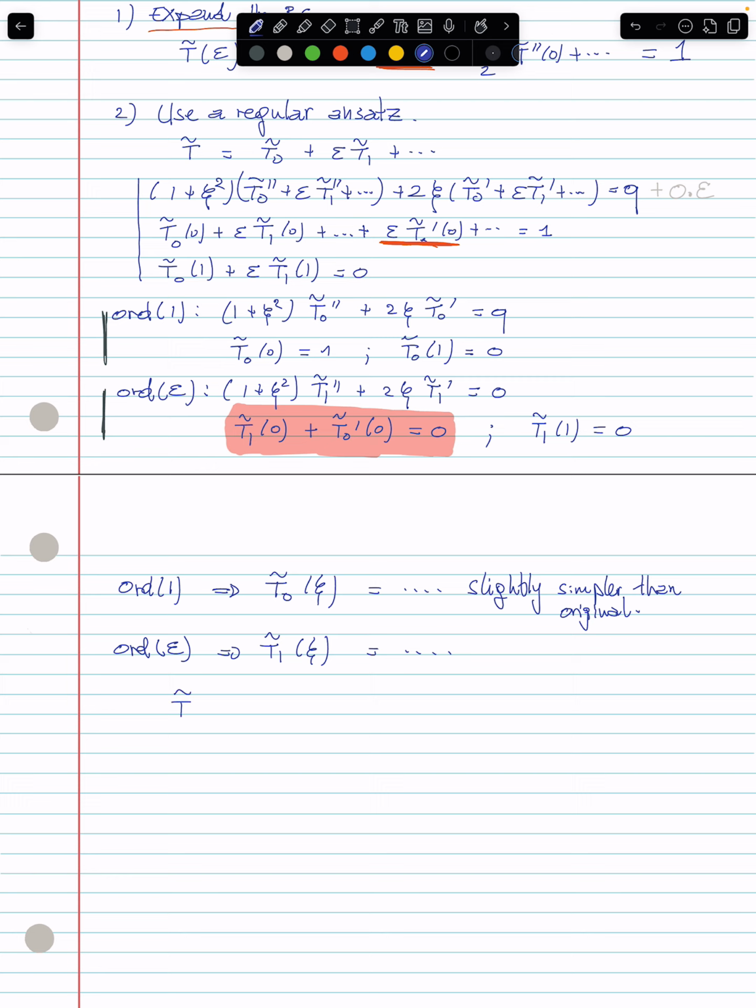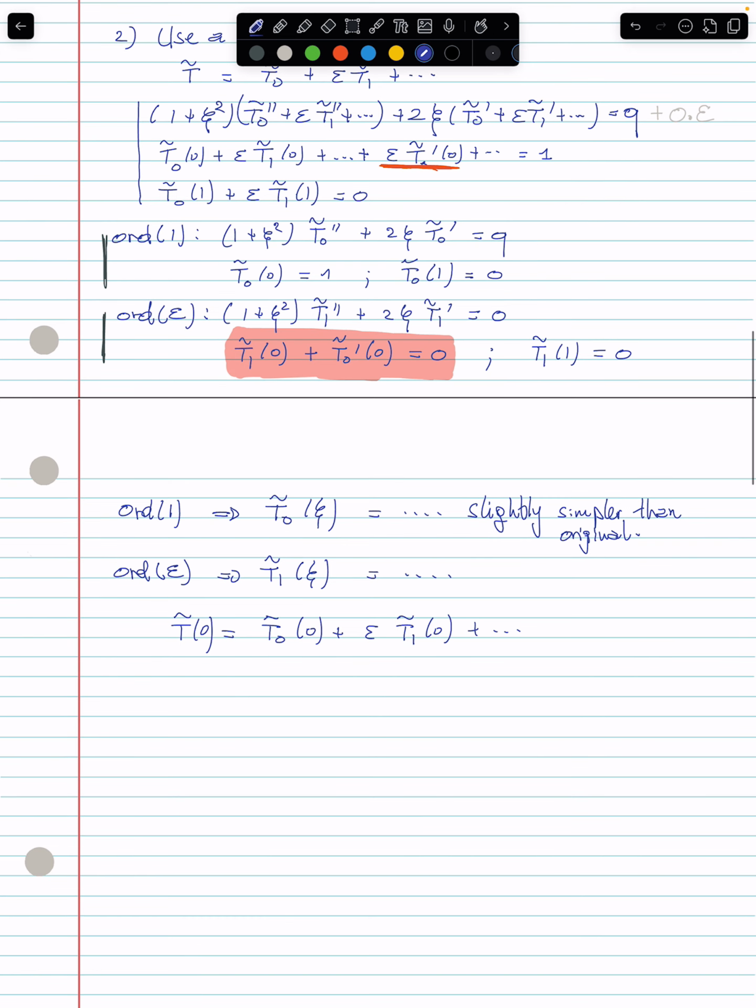And so finally, we'll be able to compute T tilde, come back to the ansatz as T0 tilde plus epsilon T1. And if we are interested in T0 of 0, we'll have T0 tilde plus epsilon T1 of 0 plus higher order terms.